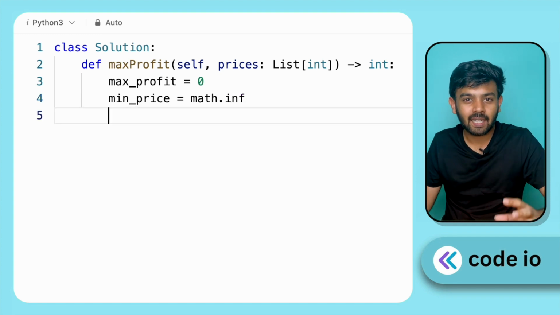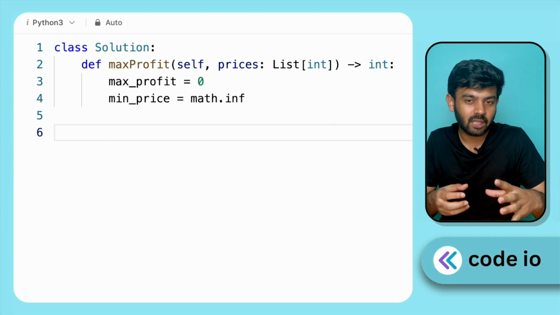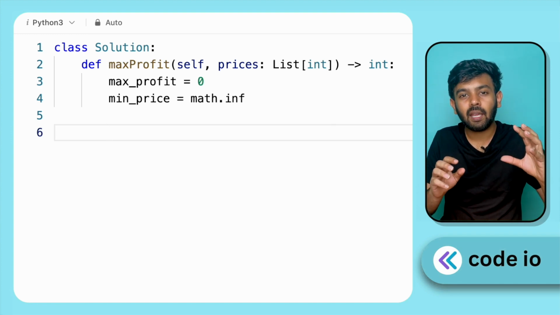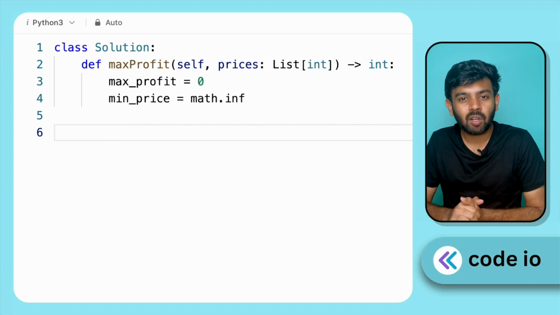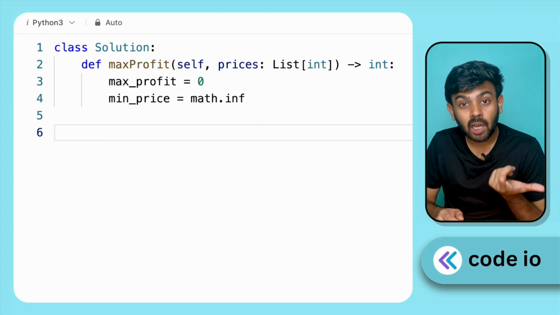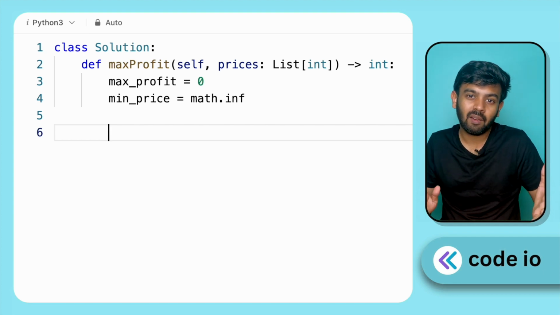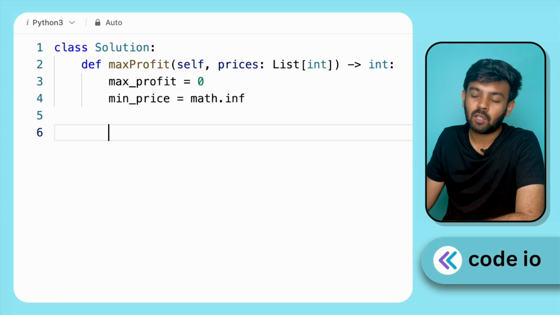That is what we initially had, because it would definitely be updated in our first iteration itself. Instead of this, you can assign it to the initial value of prices as well. You can assign it to prices of 0. That is also completely fine, but I am having it as math.inf.